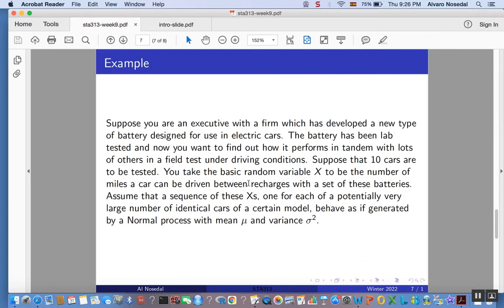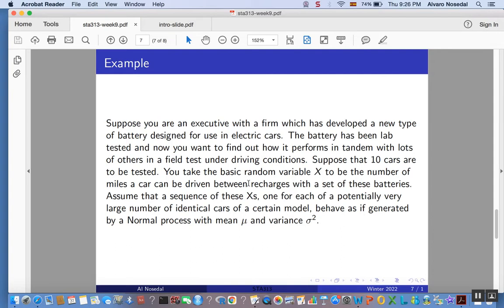So that's the example I would like to talk about with you in this video. This is the one that we're going to be working on together. As you can see, the random variable of interest is the number of miles a car can be driven between charges with a given set of batteries.